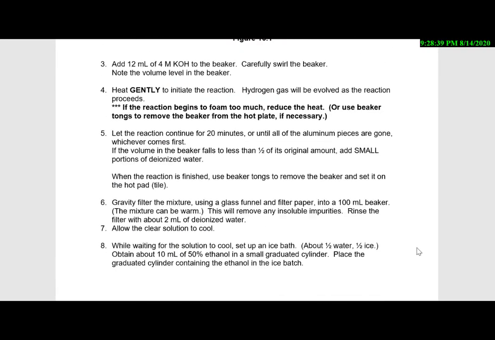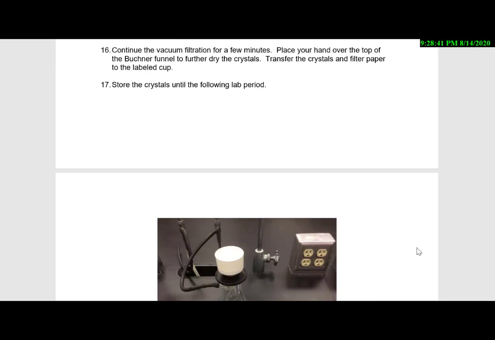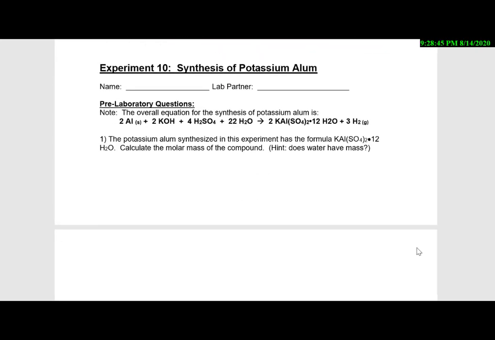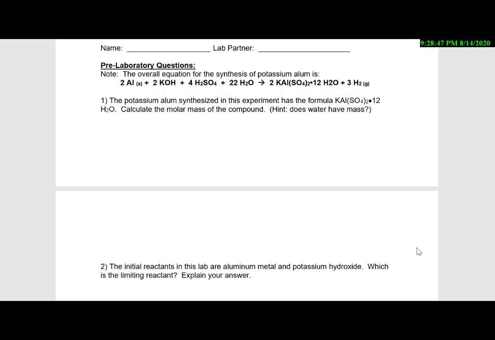In the video, you'll see the procedure, and you can read it here. You'll be completing the pre-lab, and I'll go ahead and show you that here. The pre-lab shows you the overall balanced equation for the reaction, which is important because once again we're starting with a known amount of aluminum and we're figuring out how much of the alum we should make so that we can figure out our percent yield.